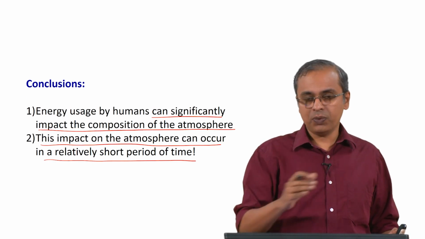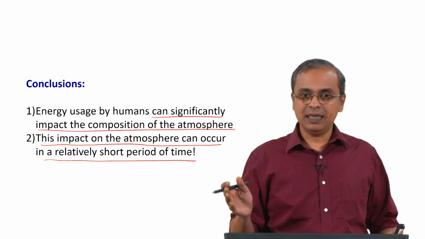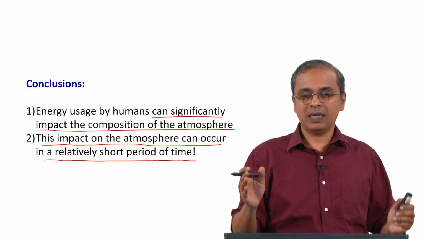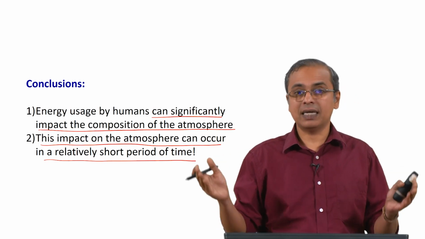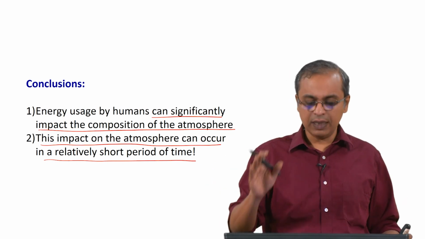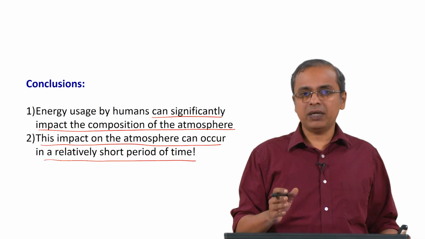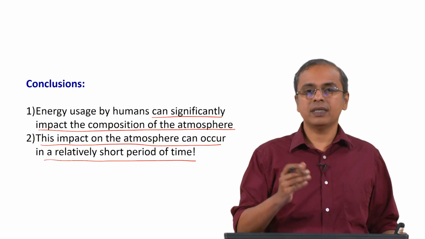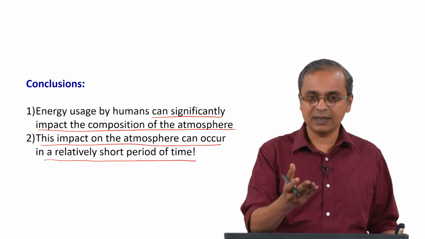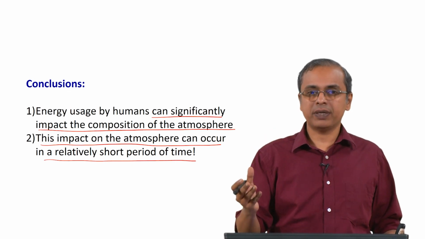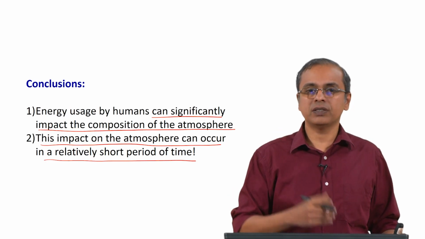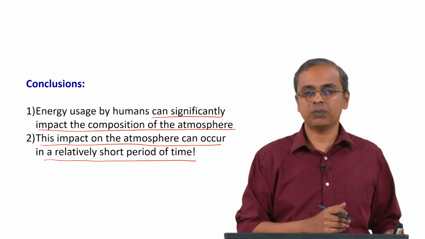So when I come to a calculation which arrives at 86 years, you can see that that itself is a number that is, I would say, on the larger side. Chances are we are working with numbers that are actually much shorter. So in summary, in this class we have gone through a calculation which tells us what is the status in the atmosphere with respect to carbon dioxide, what we are doing with respect to our energy usage, and how that impacts the atmosphere.